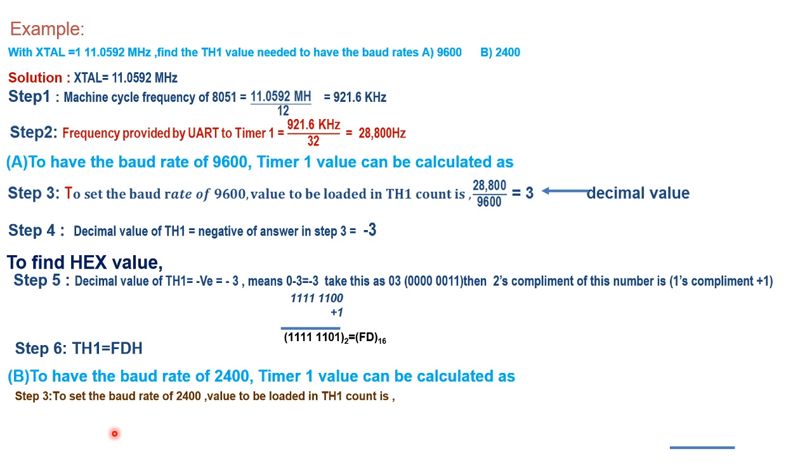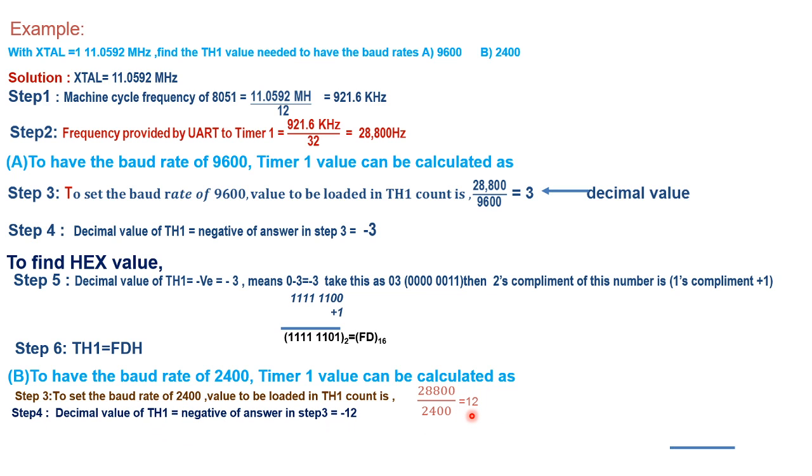To set the baud rate of 2400, the value loaded in TH is determined like this. We take the frequency provided by UART, that is 28,800 divided by 2,400, which gives us 12.